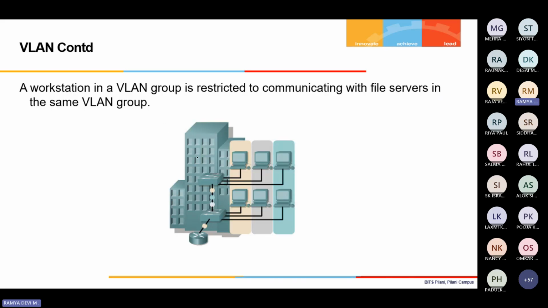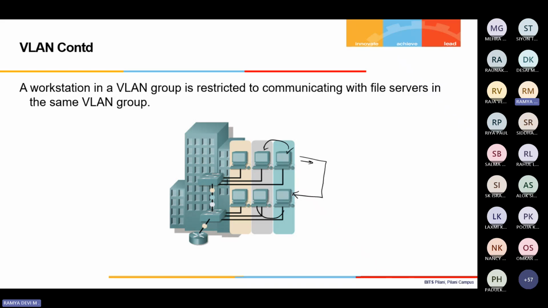So a workstation in a VLAN can only communicate with other devices within the same VLAN. Already I've told you, right? So if I have two departments, these two systems can communicate directly, right? And these two can communicate directly, okay? But a system in this department cannot communicate with a system in this department, okay?